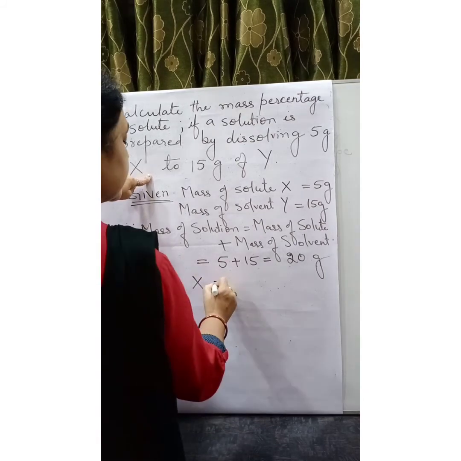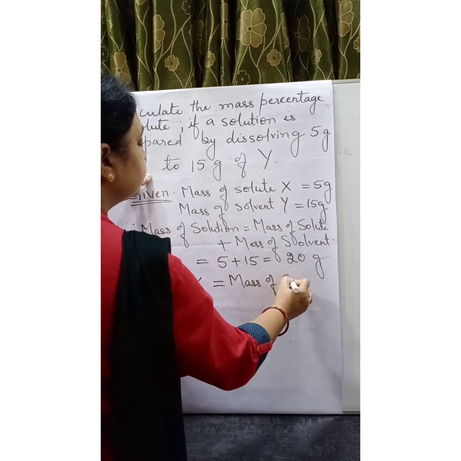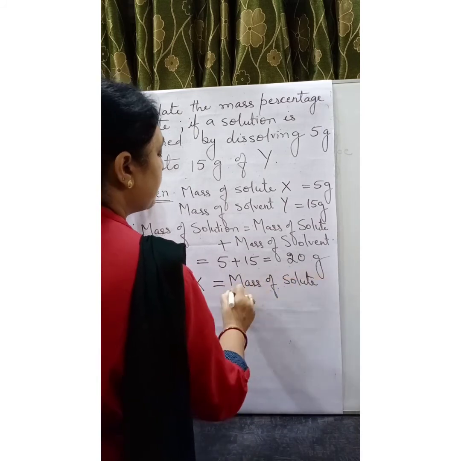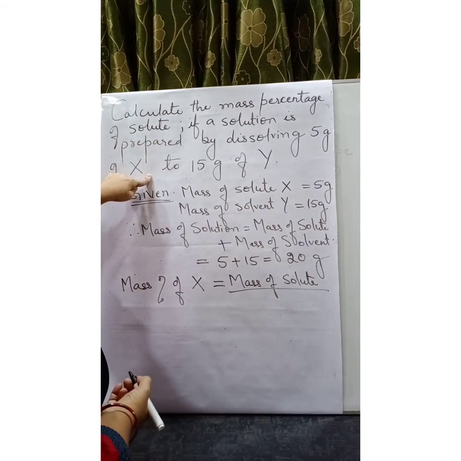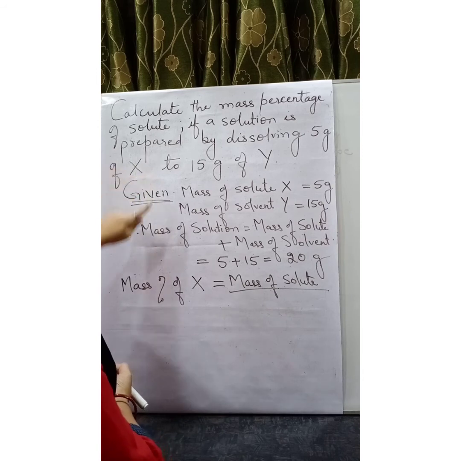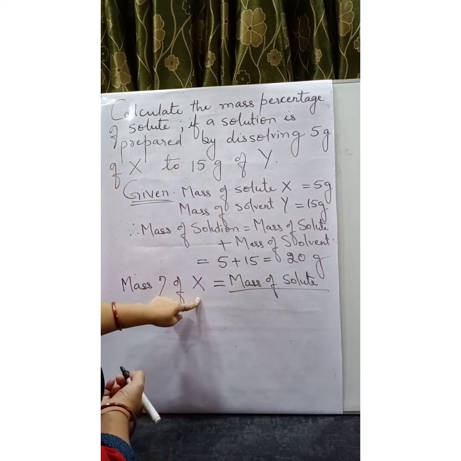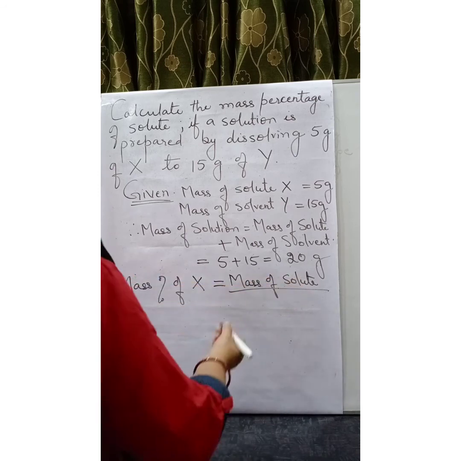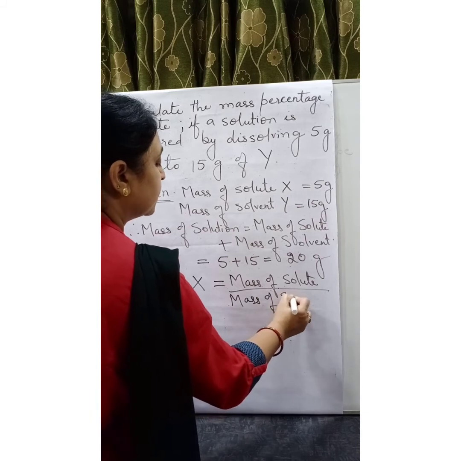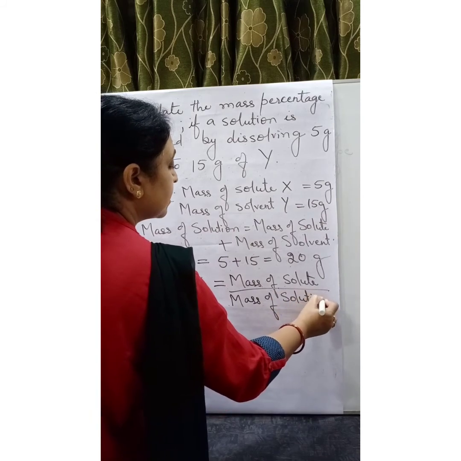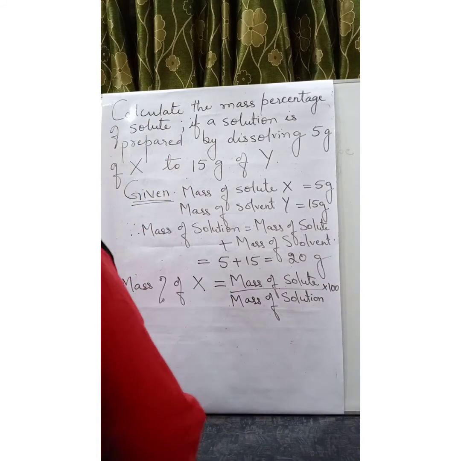So X is equal to mass of solute upon, because mass percentage of any given component can be calculated. Here we are asked about solute, so mass percentage of X, our solute, is equal to mass of solute upon mass of solution into 100, because we have to calculate percentage.